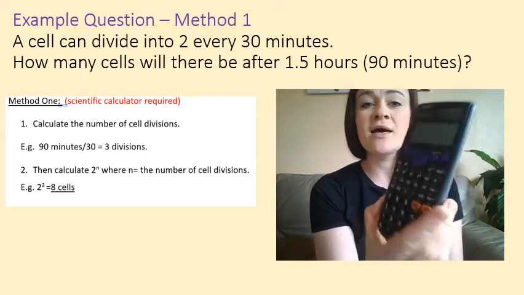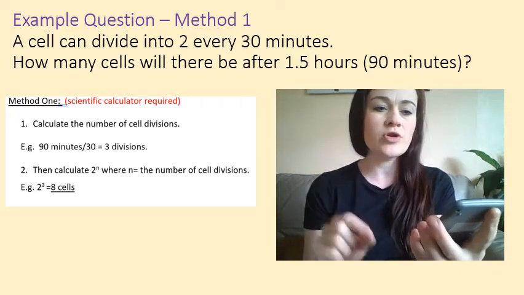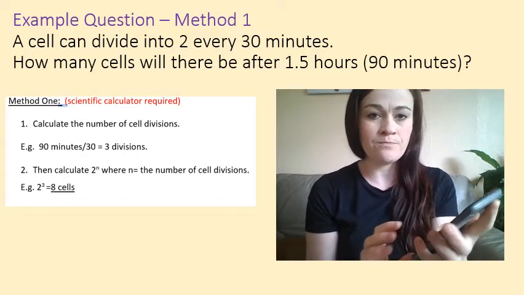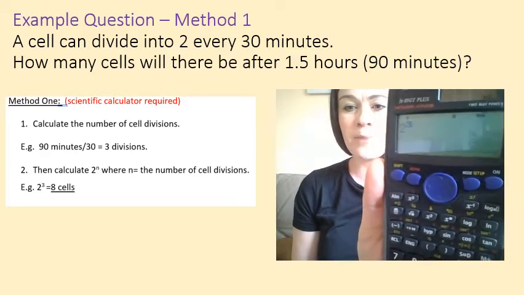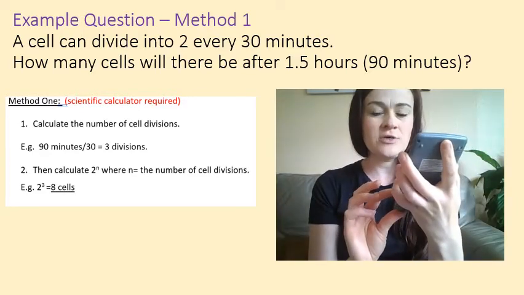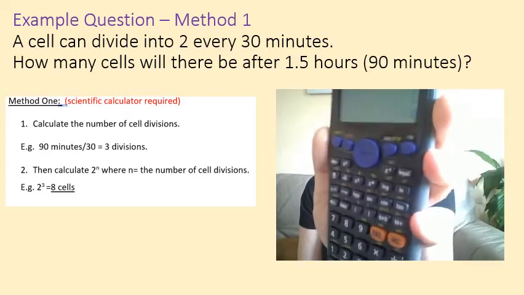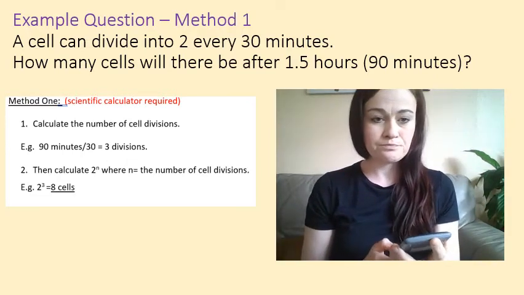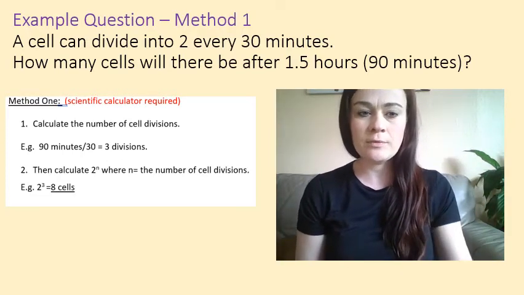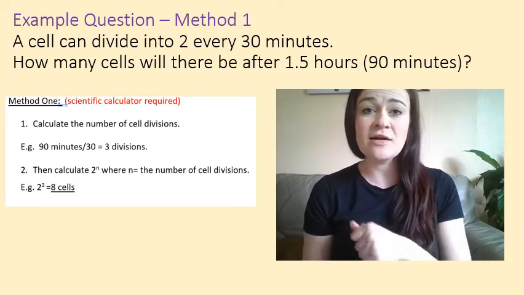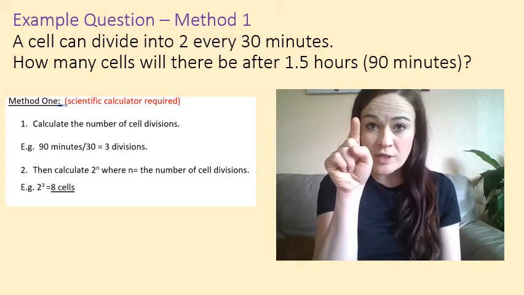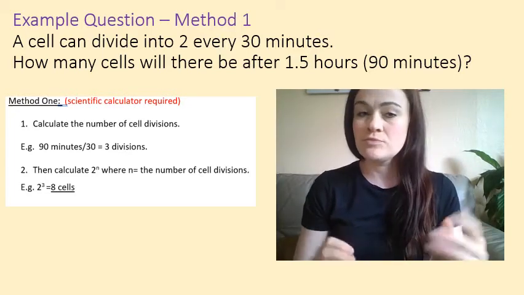You press that and it allows you to pick what number your power is going to be. So this one is 3. So it should say 2 to the power of 3, press equals, answer 8. Okay? Perfect. So, method 1, find out how many cell divisions there are in the duration, and then do 2 to the power of that little number, equals, there's your answer.